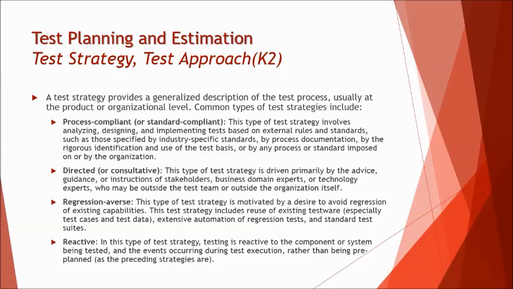Regression averse, where we have more of regression compared to what we do today. For example, when you talk about the operating systems, when you release an operating system, we have executed a certain number of test cases, but we will have an approach which requires a lot of regression testing, because we'll be dealing with a lot of updates frequently and make sure that regressions are being conducted to make sure that everything is fine.